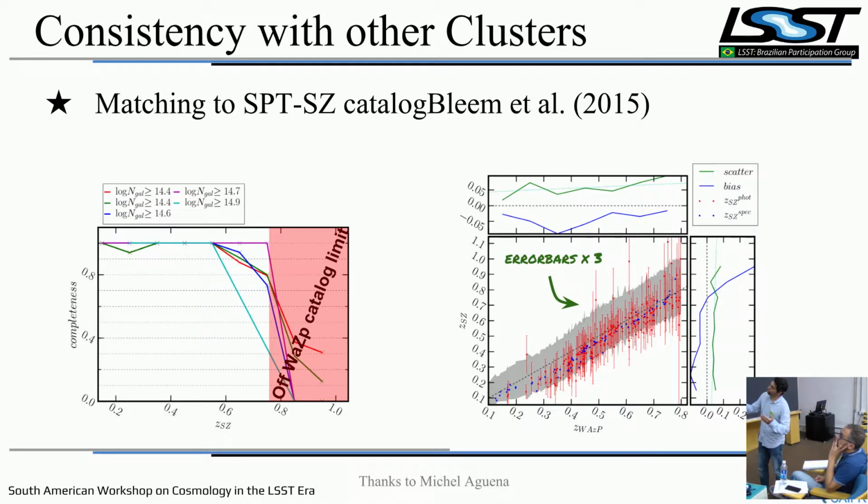It matches most of them up to a point and then starts to lose. Of course, this is related to the magnitude limit of the galaxy catalog that we are using. There is some sort of bias here in the redshift, but you can understand that bias. I mean, you can measure that.